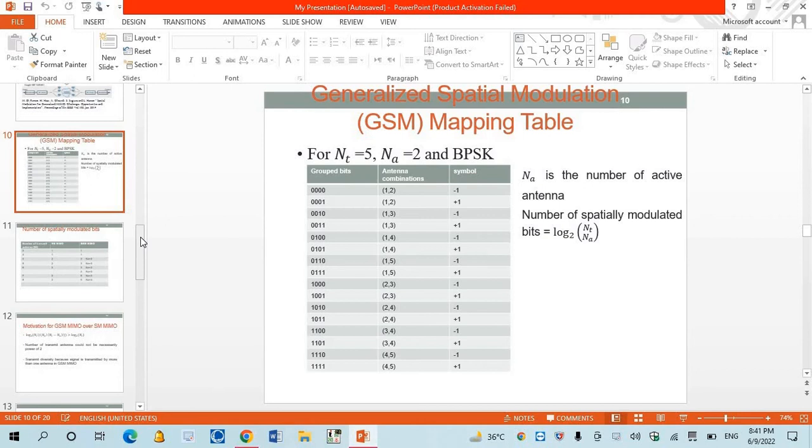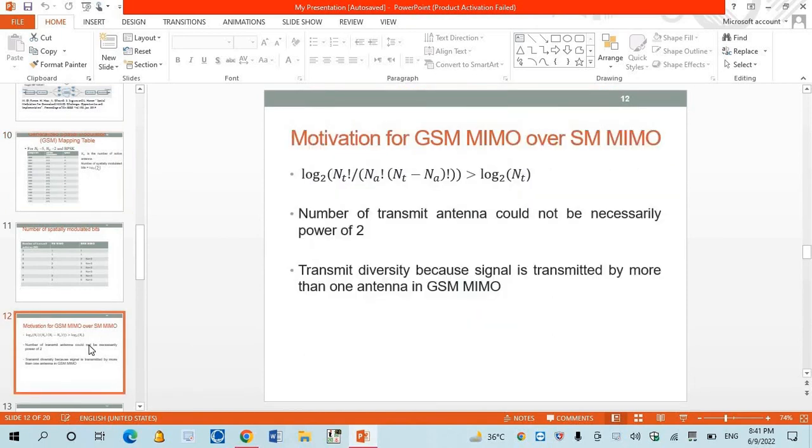In this case, we introduce a new system which is known as GSM MIMO, generalized spatial modulation. The SM MIMO has a number of active antennas equal to the power of 2, while in GSM MIMO we have a number of active antennas log 2 of the number of transmitting antennas.